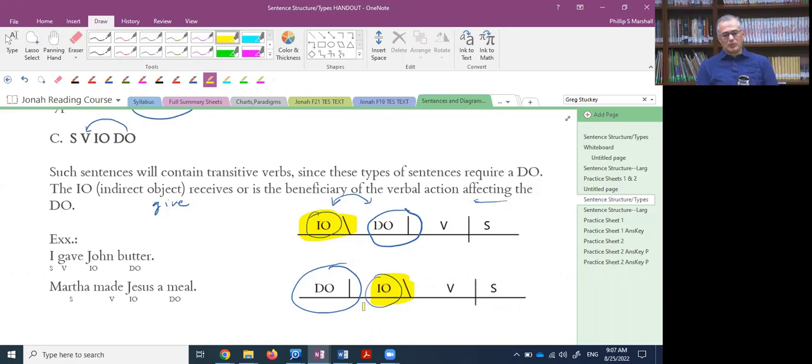So what did you give John last night? I gave a wedgie, right? Where I leave John off because his role as the indirect object recipient is already highly salient, right? It's there. It's in my mind. It's already presupposed. Okay, thank you.